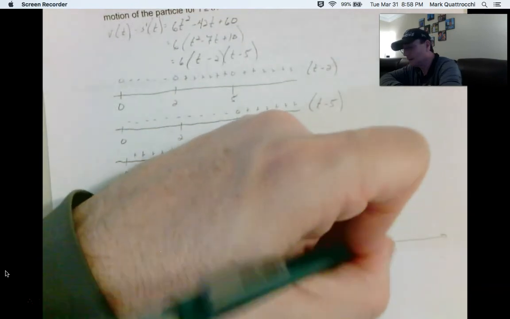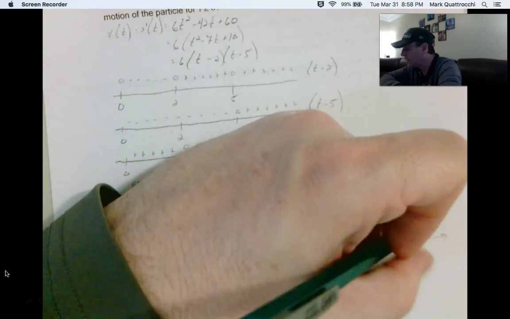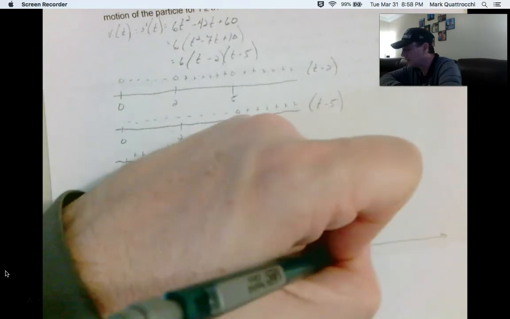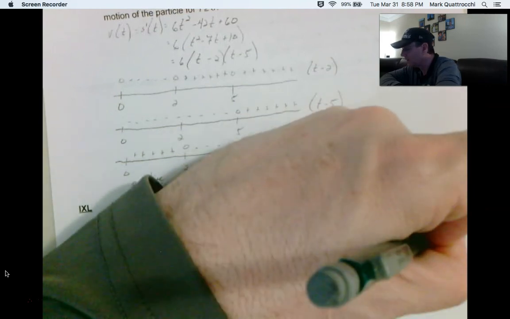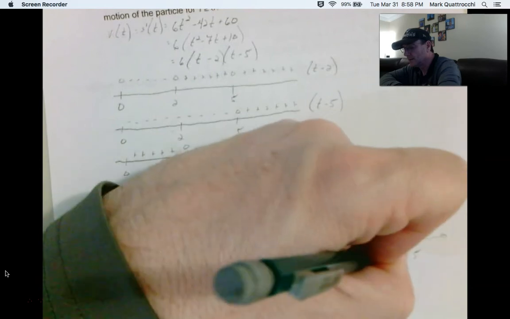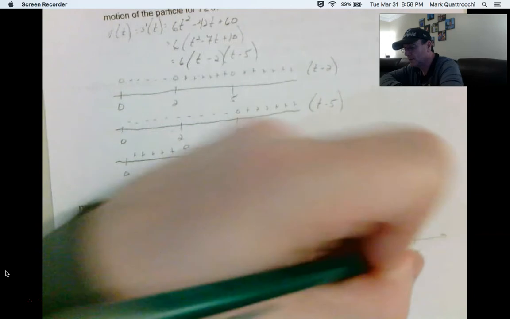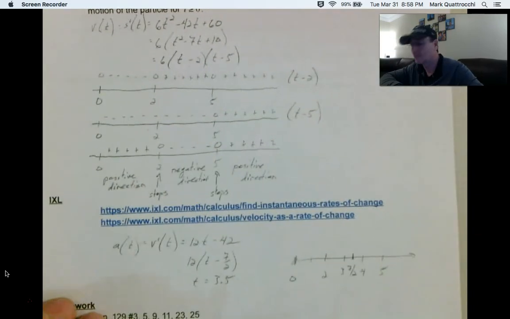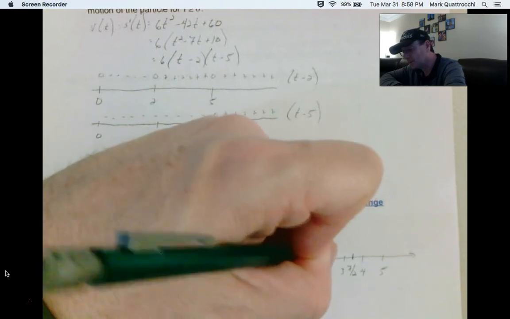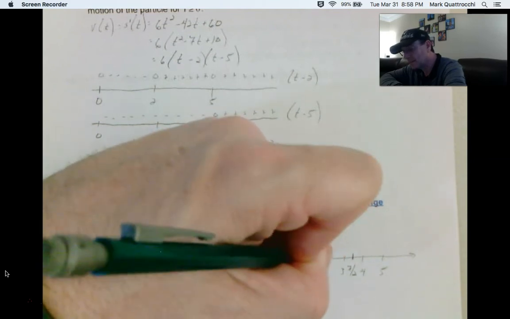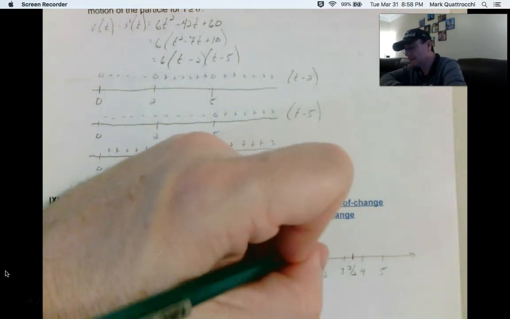So 0, 2, 1, 2, 3, 4, 5. It's 3, 4, 5, and 7/2 or 3.5. It's slowing down before it gets to 2.